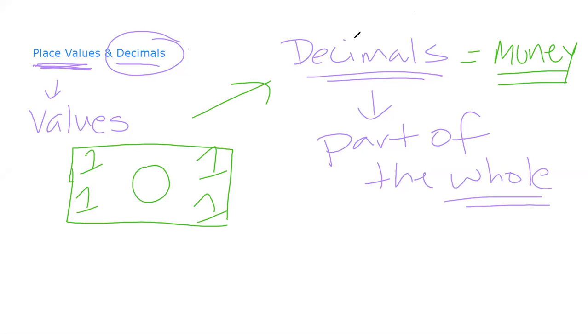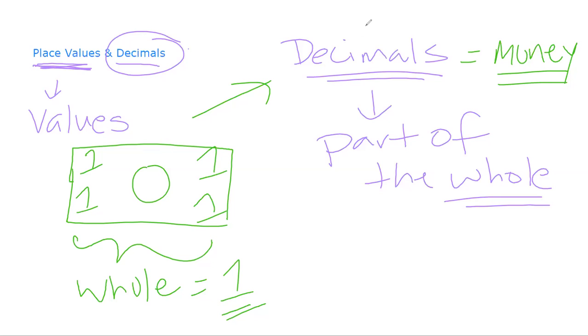But if I had this whole dollar, which really could also represent a whole number of one, I can think about how that dollar gets divvied up or broken into different parts. For example, if I took a dollar and broke it into 4 parts, well, those are quarters, right?